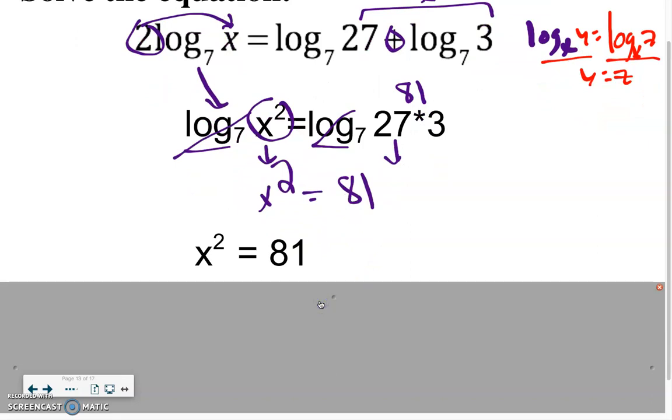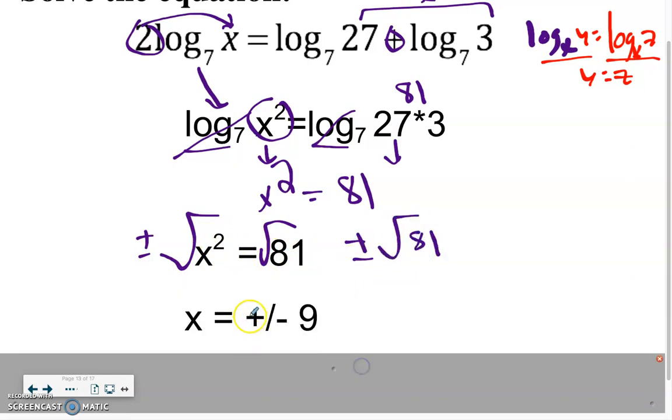Then we turn to our algebra skills for solving for x. We take the square root of both sides, and keep in mind that we add the plus or minus because we want 2 values. So plus or minus the square root of 81 is equal to positive or negative 9.